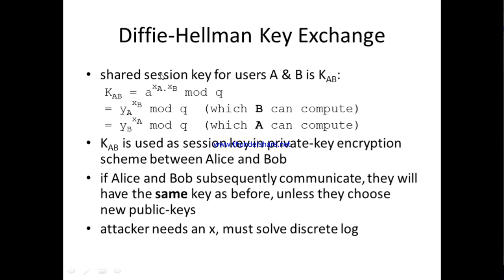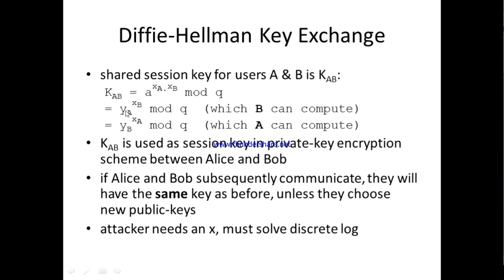And here A and B have to exchange. So key KAB is generated as A power XA XB mod Q. So how will it be generated? That is nothing but YA we are sharing from A, so YA power XB mod Q. So B can compute this YA power XB mod Q, and YB will be shared to party A. YB power XA mod Q is also the same KAB.